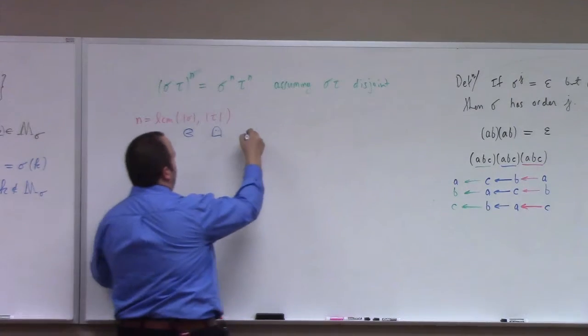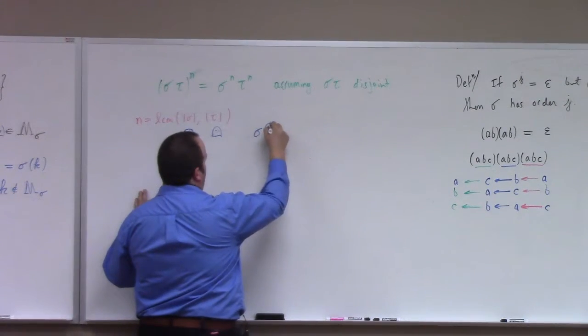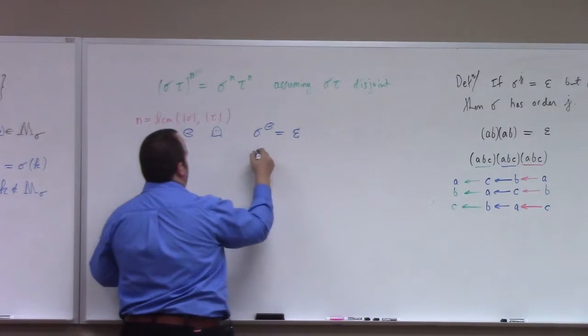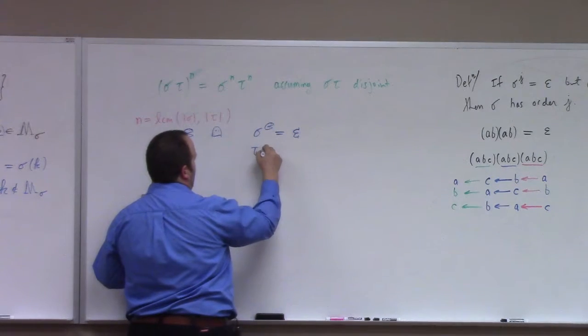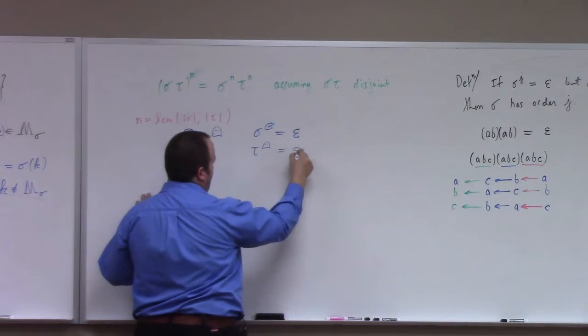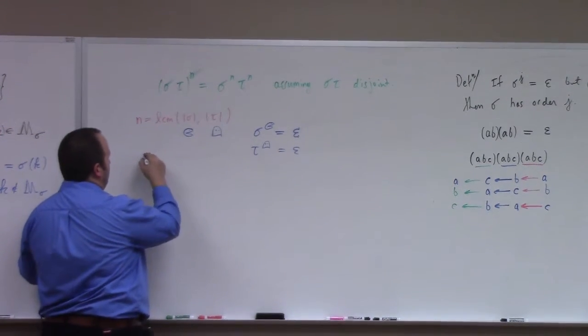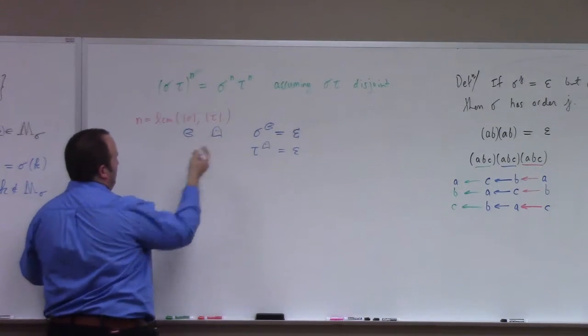So sigma composed with itself Pac-Man times is the identity permutation, and tau composed with itself Ghost times is the identity permutation. And so n is the least common multiple of these two things.